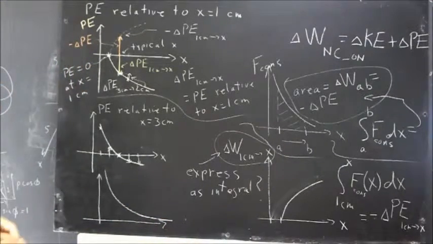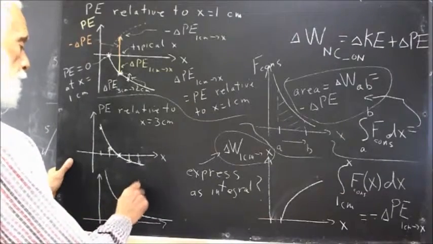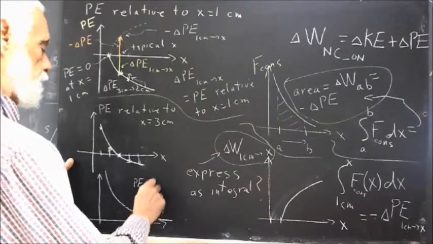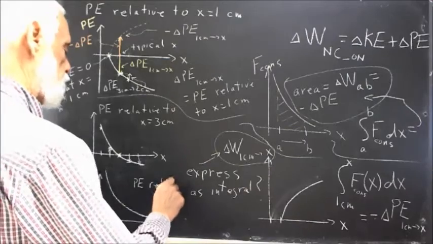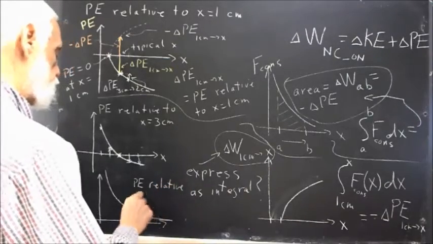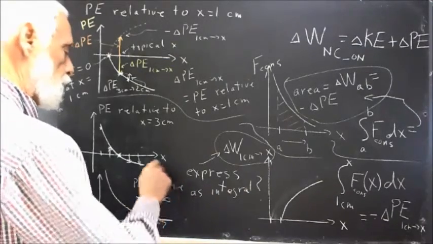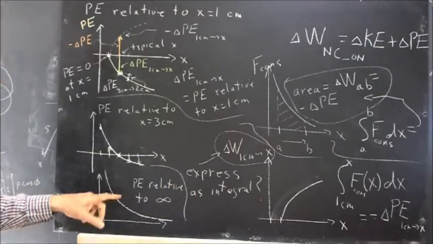So this would be a graph for the PE relative to infinity. This is going to be very important.